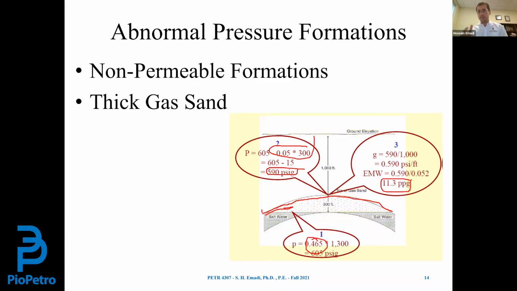Basically, it's about the failure mechanism of the rock itself. Instead of elastic, it becomes plastic, and instead of brittle, it becomes ductile. This is mainly the reason responsible for the lower rate of penetration.